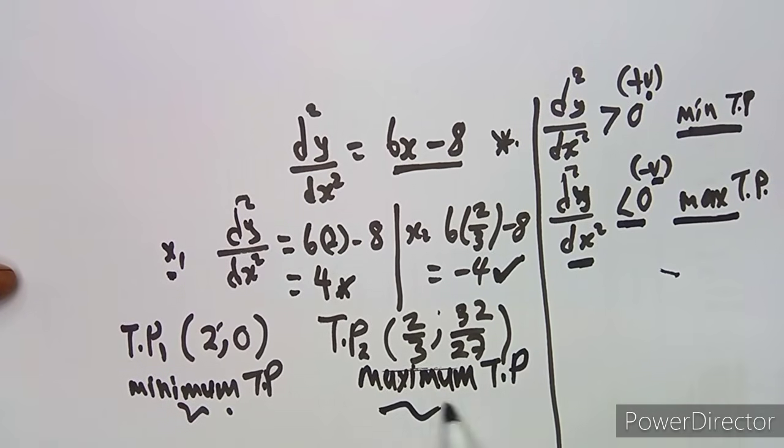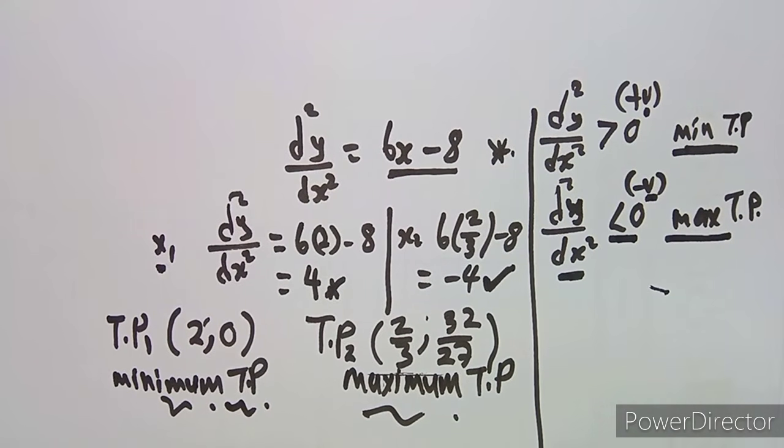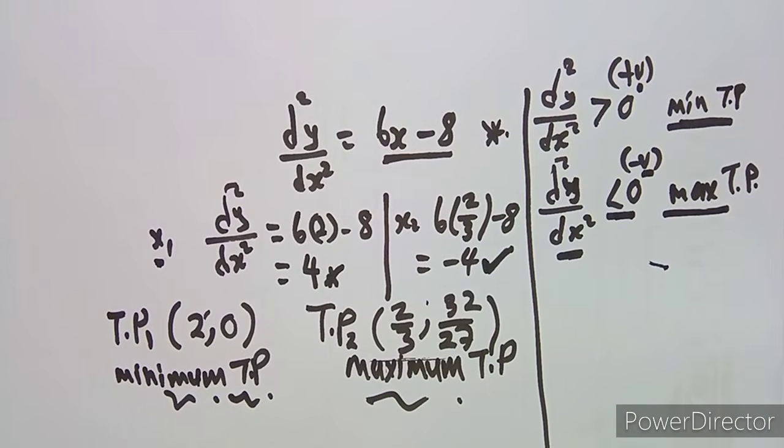So this one is a maximum and this one is a minimum. That's how you use the second derivative to determine whether it is a maximum turning point or a minimum turning point. When it is positive, it's a minimum. When it is negative, it's a maximum. So you can actually find these by derivatives.